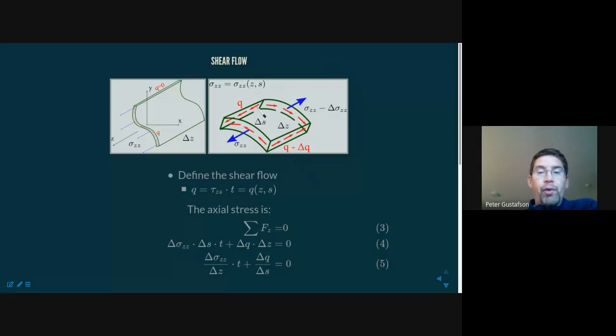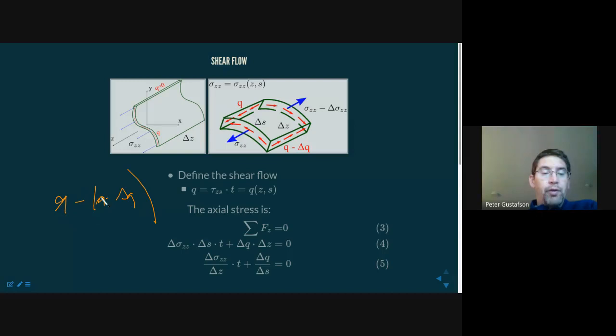So the shear flows contribute forces here, Q, and here, Q minus delta Q. We see the one on the right-hand side is positive. The one on the left-hand side is negative. So essentially we're doing Q minus (Q minus delta Q).